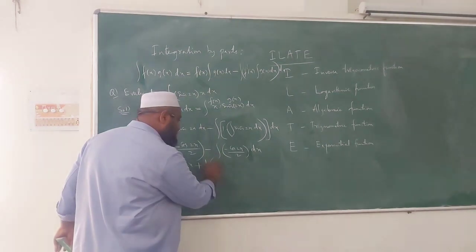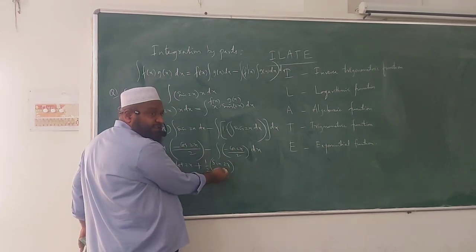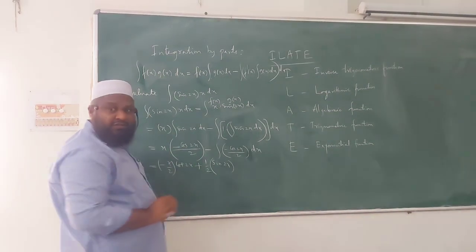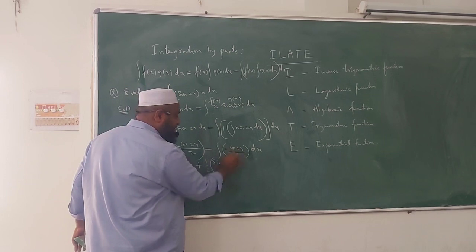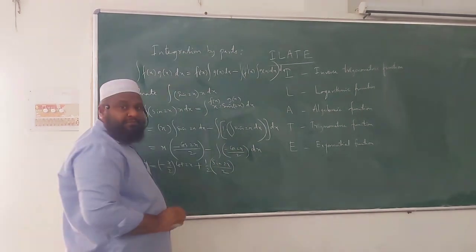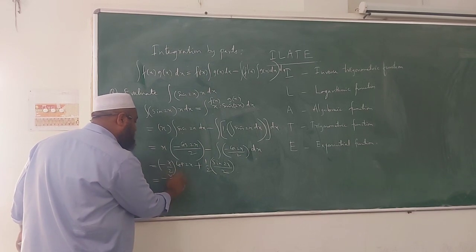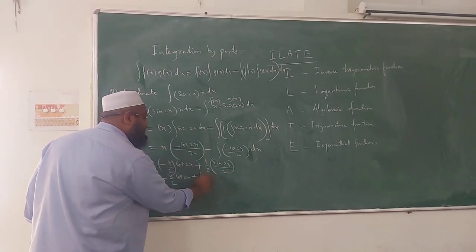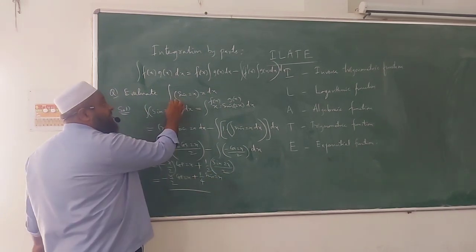Directly it is sine 2x. Cos integral is sine, positive sine. Sine integral is minus cos. So cos integral is sine, but because it is 2, that 2 will appear. And next step, it is so simple: minus x by 2 cos 2x plus the constant 1 by 4 into sine 2x. So this is the integral for this one.